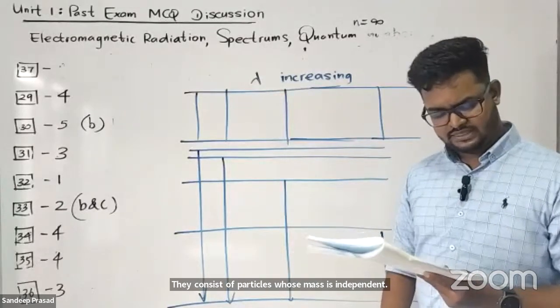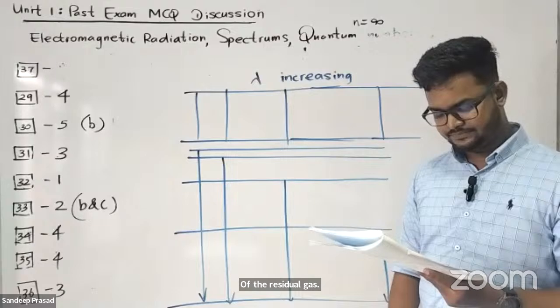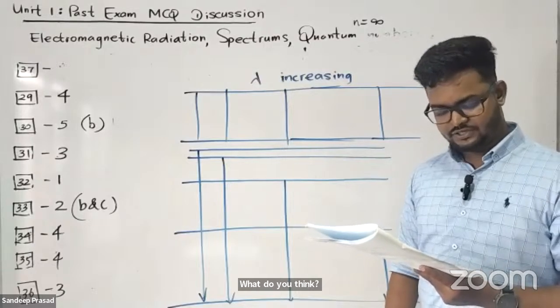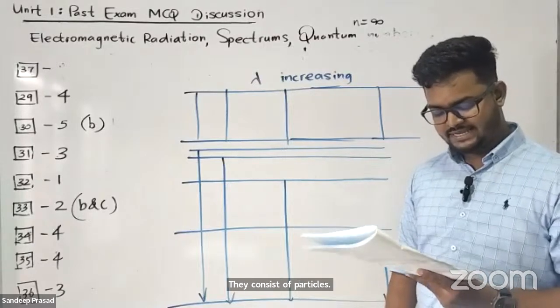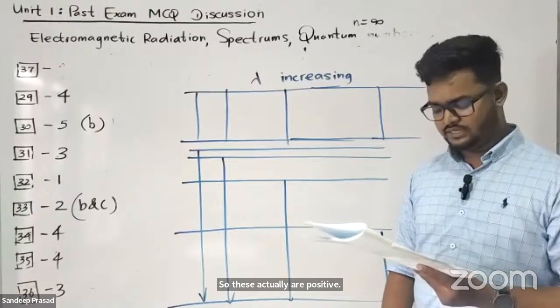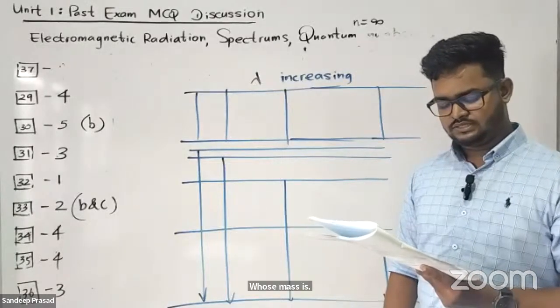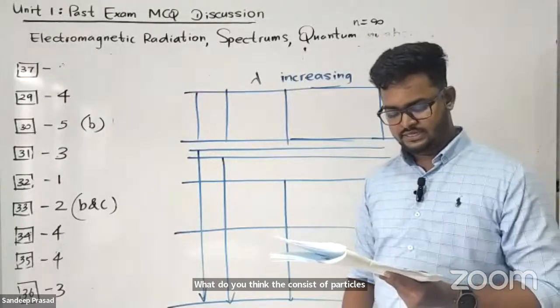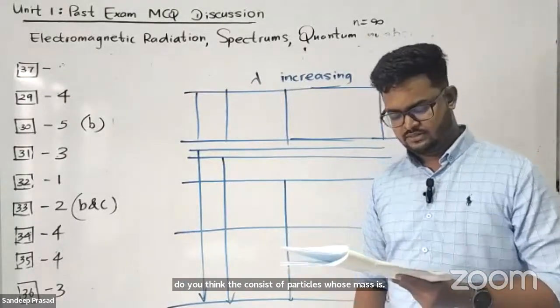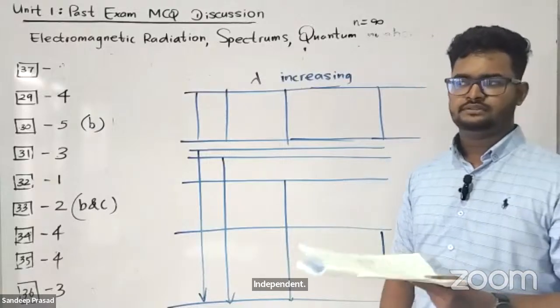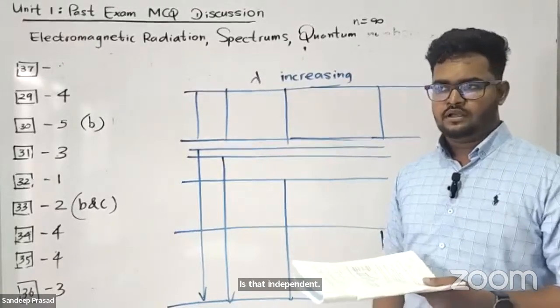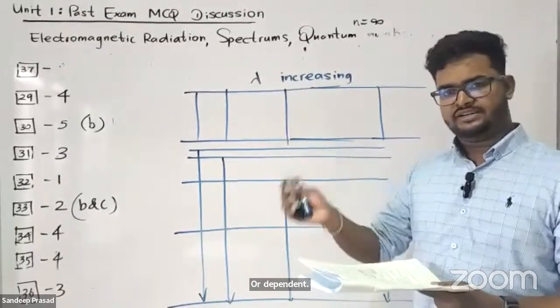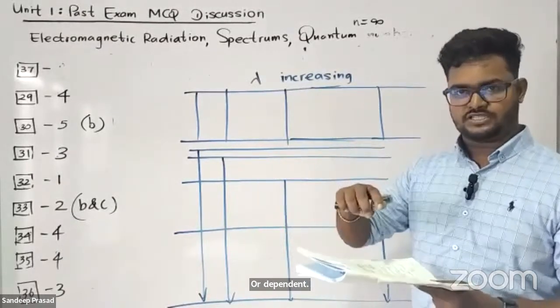They consist of particles whose mass is independent of the residual gas. What do you think? These are actually positive rays, no? Is that independent or dependent? Just imagine we are using hydrogen gas, we have H plus.